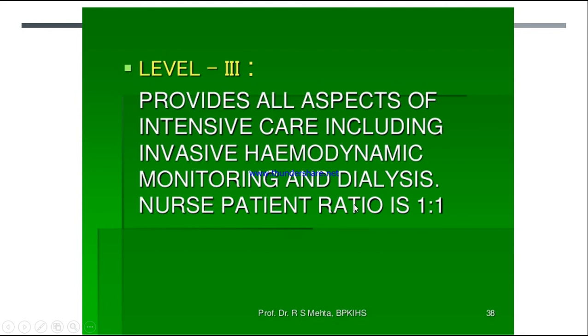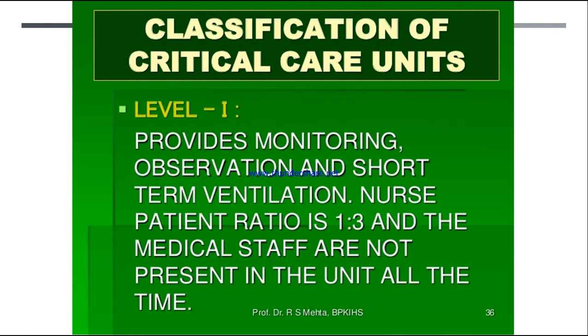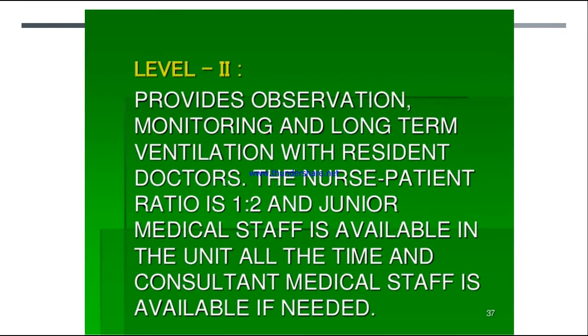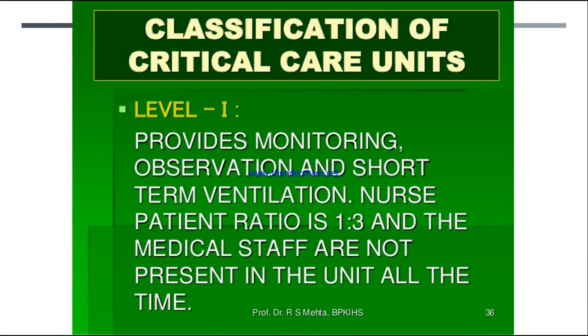The nurse-patient ratio here is 1:1, one nurse, one patient. So in the classification of critical care units, there are three levels: level 1, level 2, and level 3. I hope this is clear. There is no confusion, right?